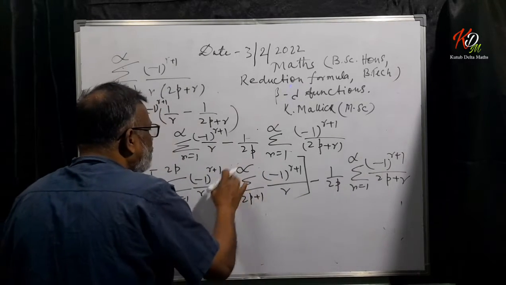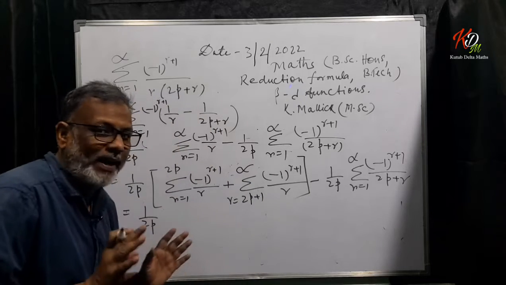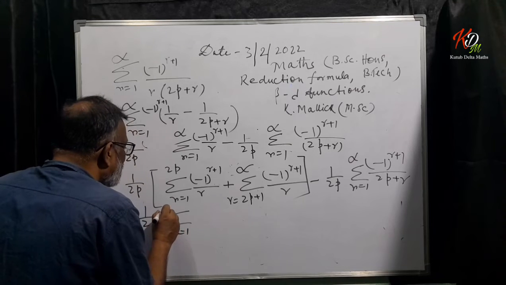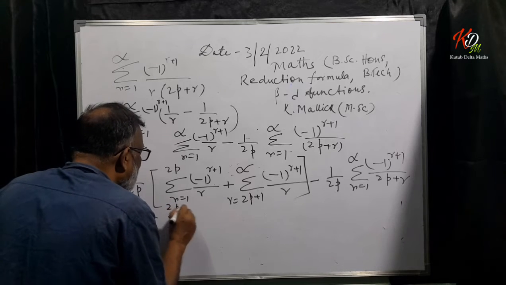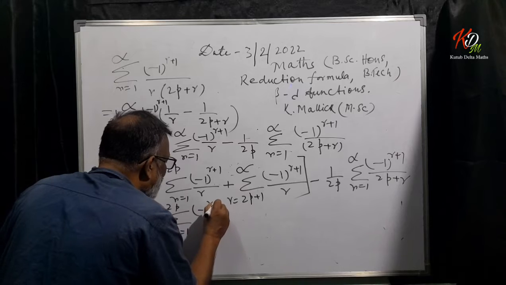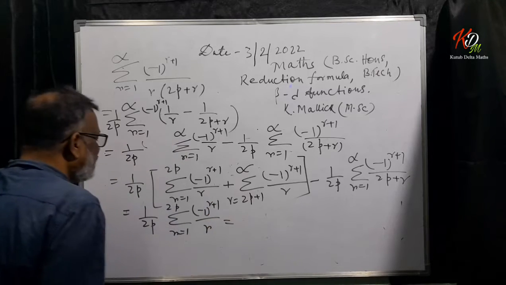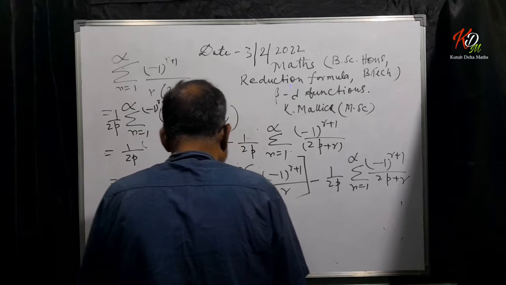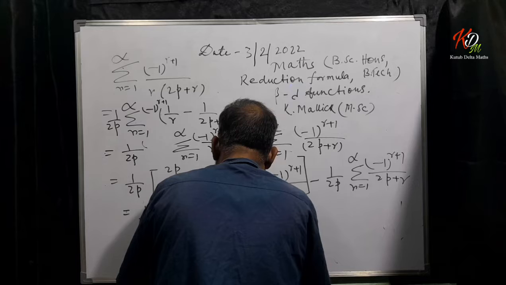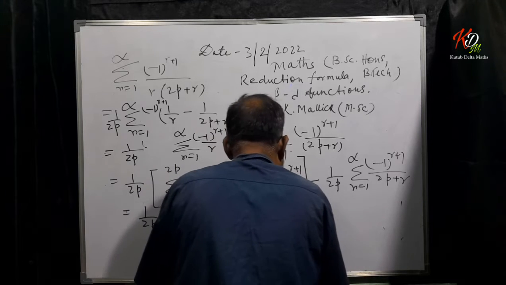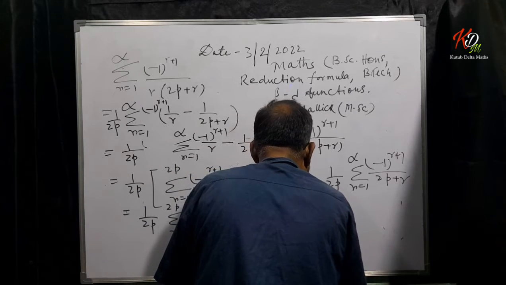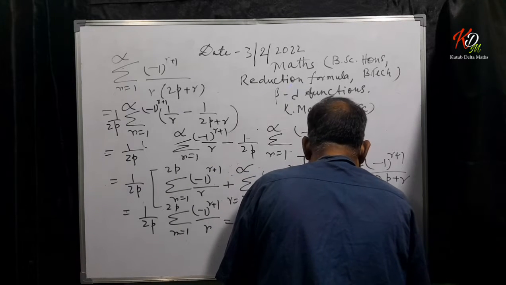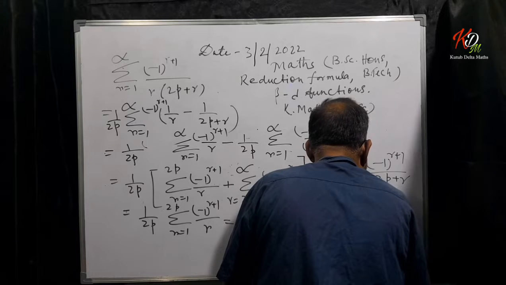When r equal to 2p plus 4, the final result will be 1 by 2p, summation r from 1 to 2p, minus 1 whole to the power r plus 1 by r. That means 1 by 2p times (1 by 1, minus 1 by 2, plus 1 by 3, minus 1 by 4, and so on, up to 1 by 2p minus 1, minus 1 by 2p).